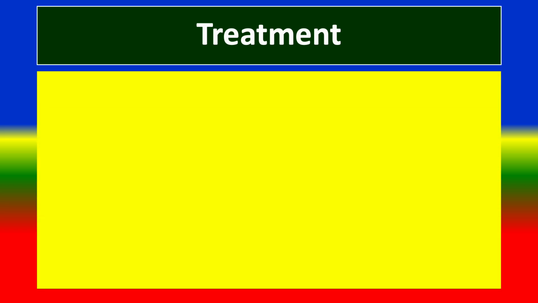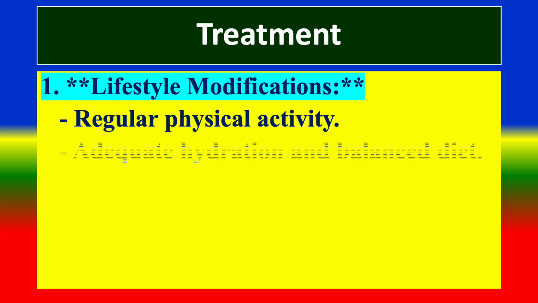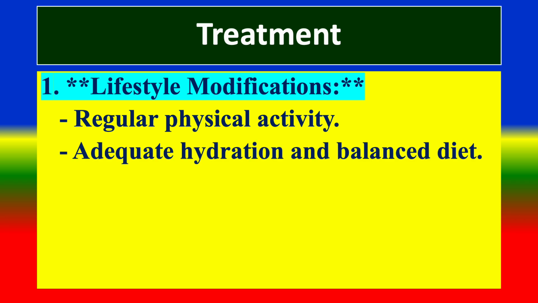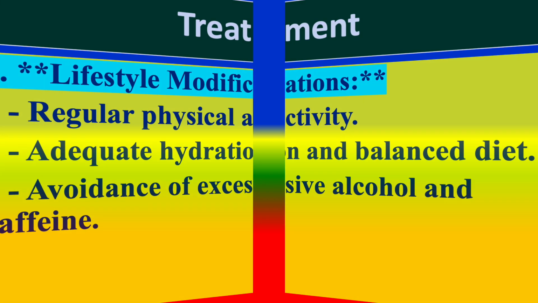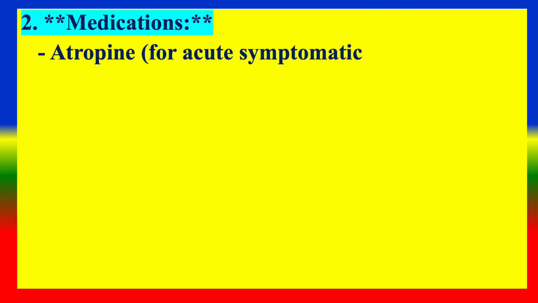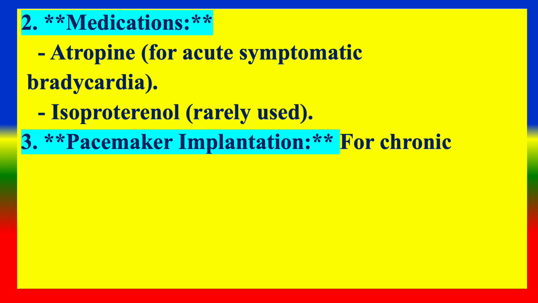Treatment options: 1. Lifestyle modifications, regular physical activity, adequate hydration and balanced diet, avoidance of excessive alcohol and caffeine. 2. Medications: atropine for acute symptomatic bradycardia, isoproterenol. 3.